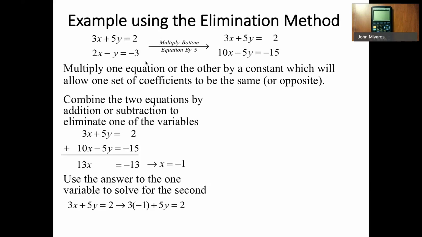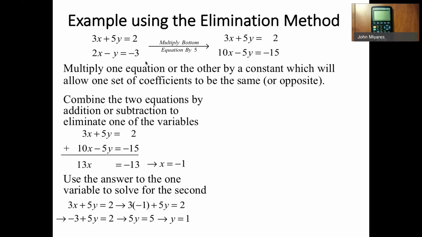When x equals negative 1, we substitute that in, makes this become negative 3 plus 5y equals 2. Adding 3 to both sides gets you 5y equals 5, which then if we divide everything by 5, gets you y equals 1. So there is our solution: x equals negative 1, y equals positive 1.